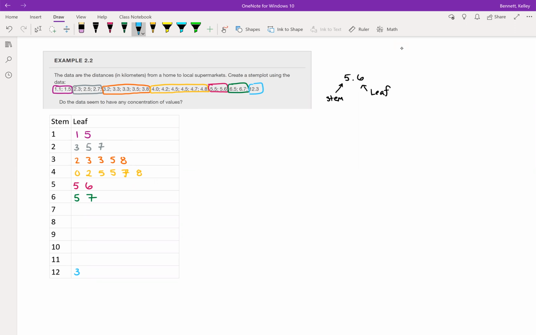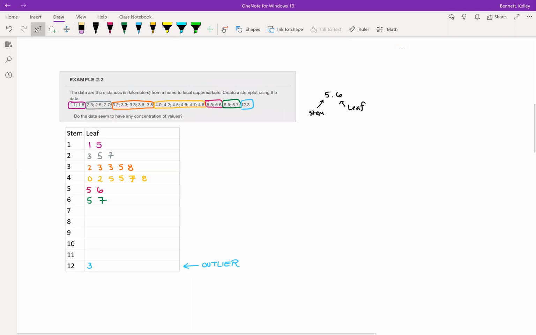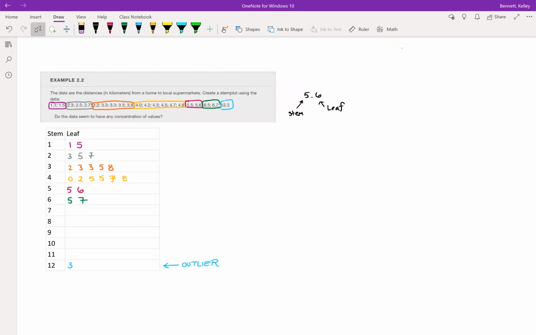But down here at the bottom, I have this lingering weirdo, 12.3. So this is actually my outlier, something that's not really fitting the data. It doesn't really go with the other stuff. We'll talk more about outliers from a numerical perspective later, but just to get a look of it, this is what it would look like.